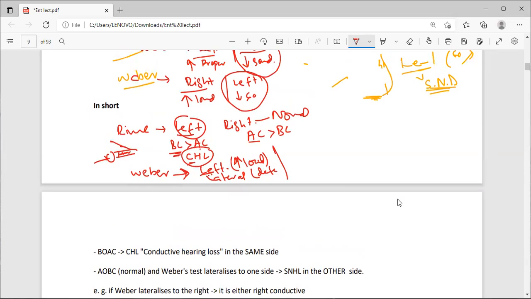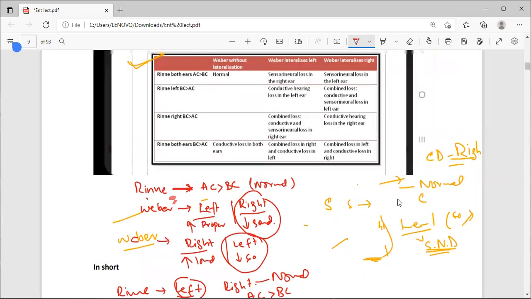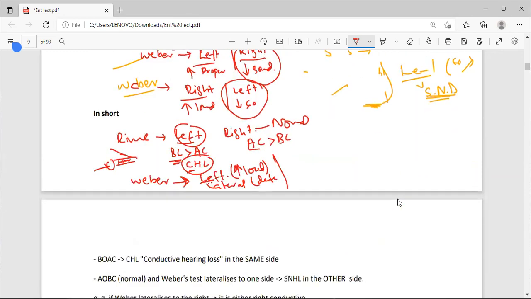Now, suppose, let's move further. So here you can see BC is more than AC, Weber lateralizes to the left: conductive deafness in the left ear. We confirmed it. Now, if Weber lateralizes to the right, then what will happen? If Weber does not lateralize to the left, rather it lateralizes to the right, then what will happen?